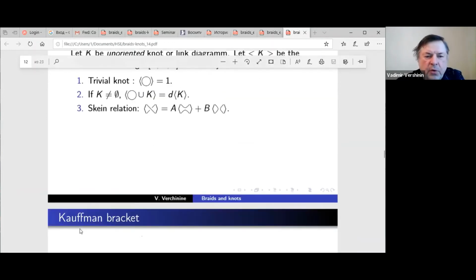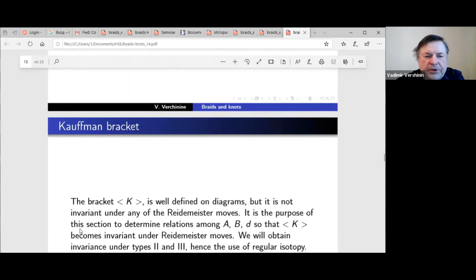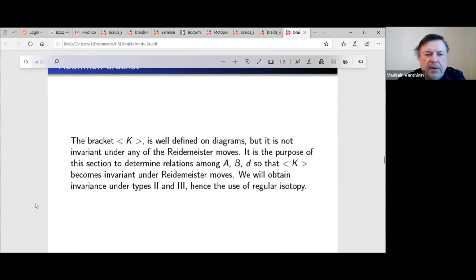And so we shall consider it on the diagrams, and we'll understand what conditions should be given for A, B, and D in order for these things to satisfy the 2 and 3 Reidemeister moves.